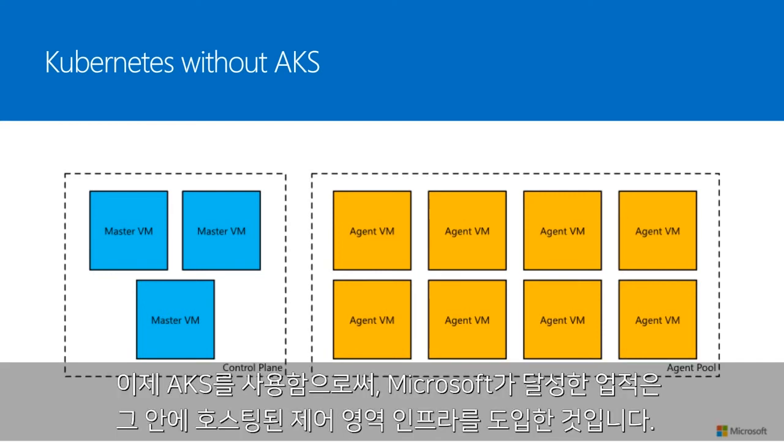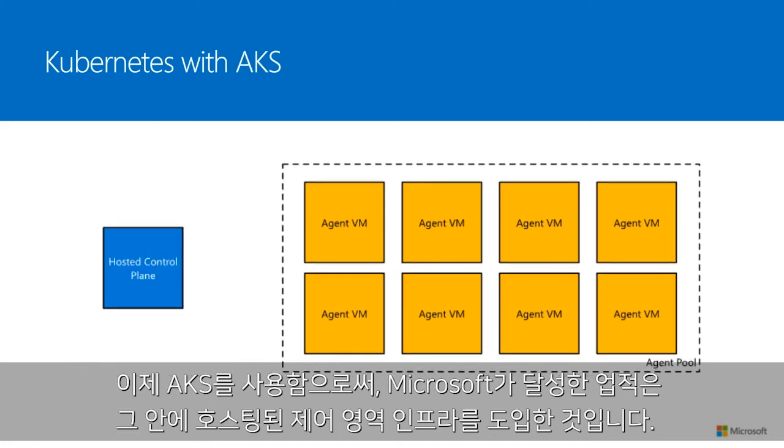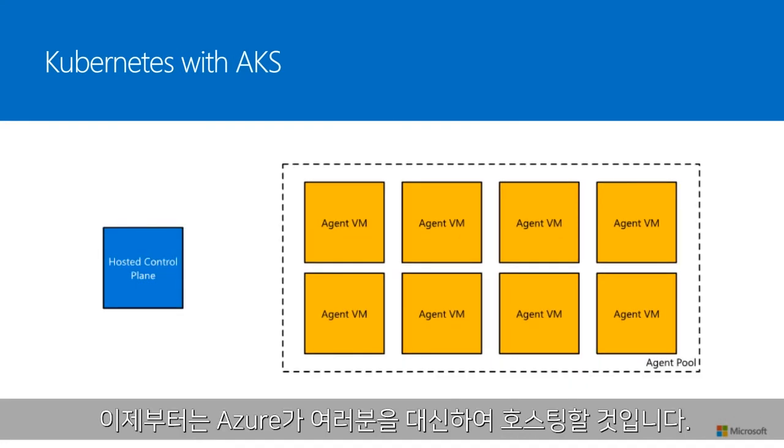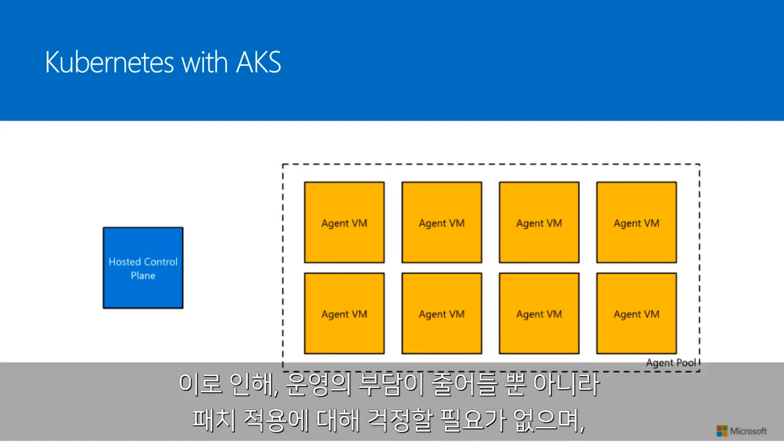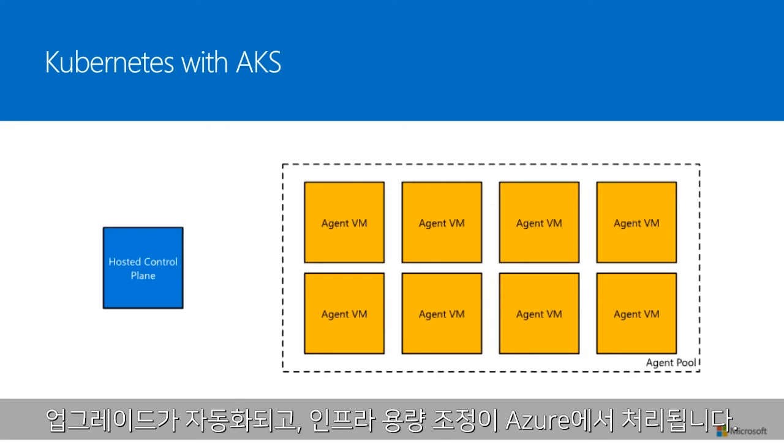Now, with AKS, what we've done is we've taken that hosted control plane infrastructure, and Azure is now hosting that on your behalf. Not only does that result in decreased operational burden, you don't have to worry about patching, upgrades are automated, and the scaling of the capacity of that infrastructure is handled by Azure.